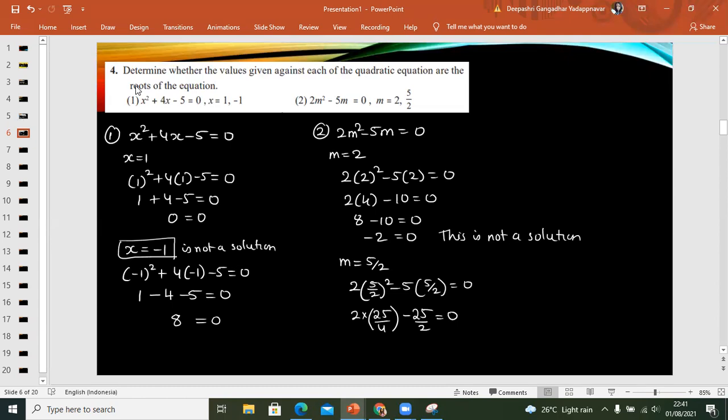Don't do that. 5 will be multiplied with only the numerator, not the denominator. Here we can cancel, so we get 25/2 - 25/2 = 0. Since the numbers are the same, one positive and one negative, this gives 0. So m = 5/2 is a solution of this equation.